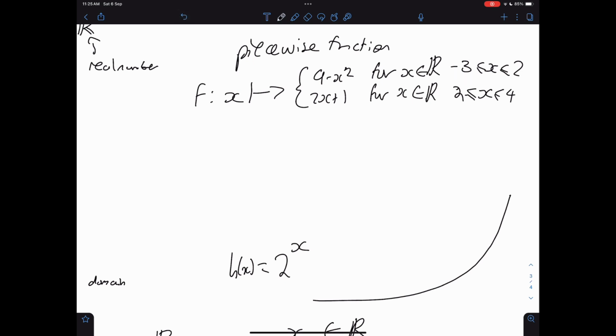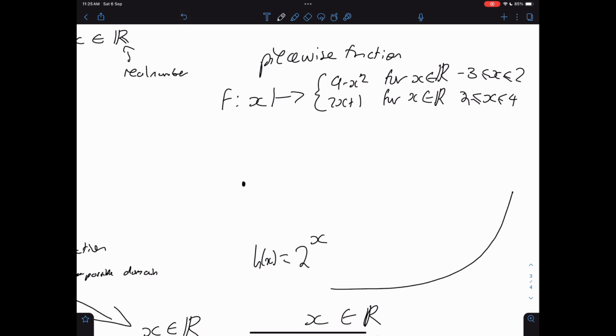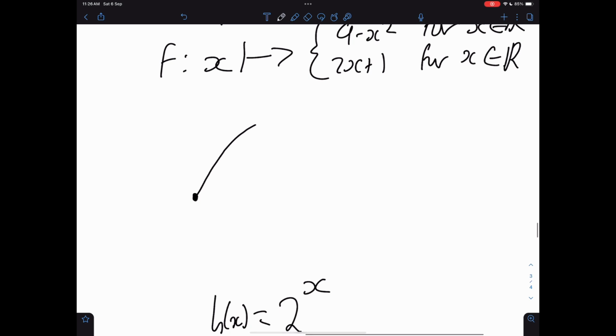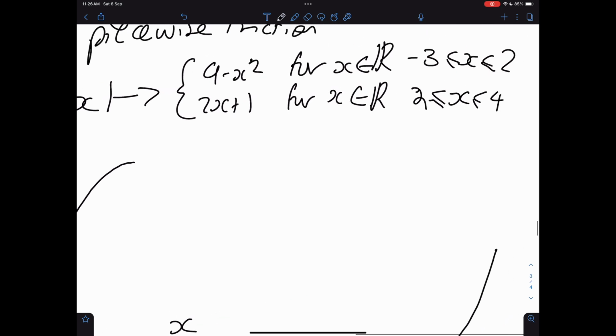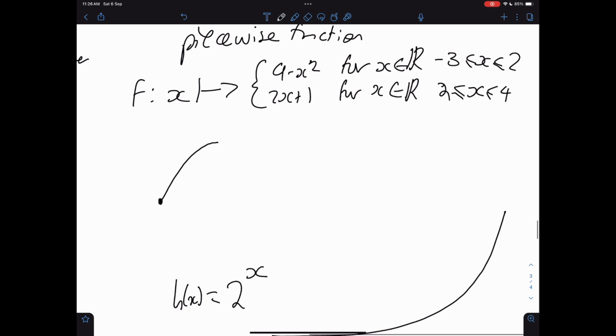If I do this example, 9 minus 3 squared, that's just 0. And then if I keep going up, 1 minus 2 squared, it will go up, and then when it hits 0, it'll end up at 9, and then it'll start going down again, and then eventually we'll end up at 5.